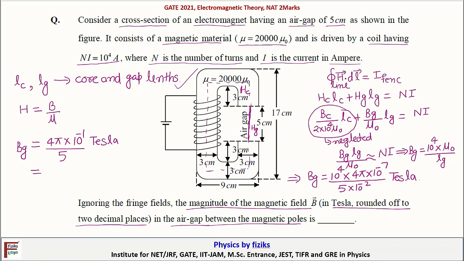So this value will be 0.4 into 3.14 divided by 5, and this value will be 0.25 Tesla. We have to write up to 2 decimal places, so the answer will be 0.25 Tesla, and it's a numerical answer type question. So we have to fill in here 0.25.